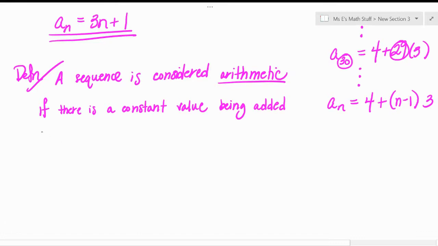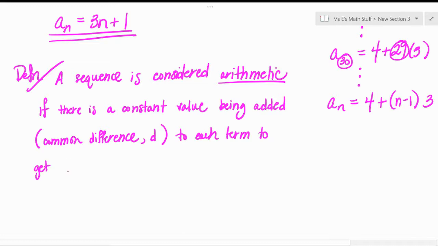So that constant value being added, like in that example above, they just kept adding 3. We're going to refer to that constant value as the common difference. And they'll use a lowercase d to represent the common difference sometimes. So anyway, that constant value is being added to each term to get the next consecutive term.